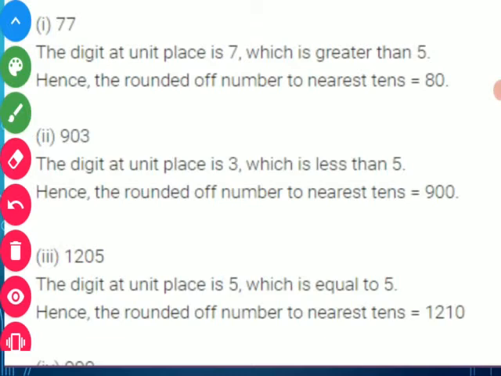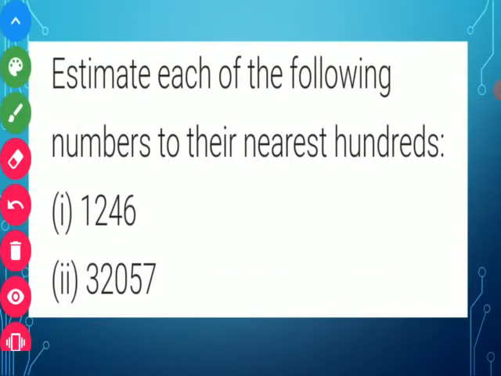Similarly, 1205: the ones place is equal to 5, so one carry will be given to the tens place, so the number will become 1210. So this way we will do the round off.